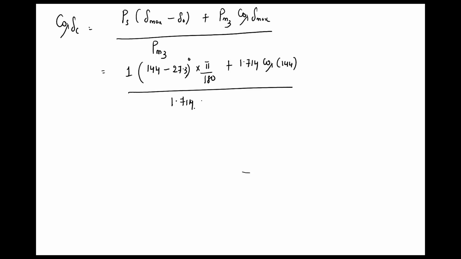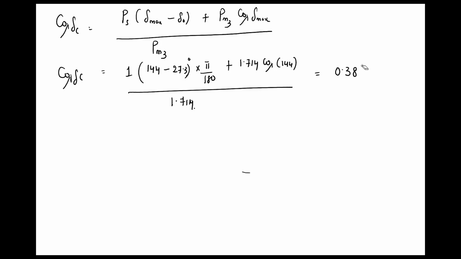So if you solve this one, sorry, cos delta C value will become 0.38.